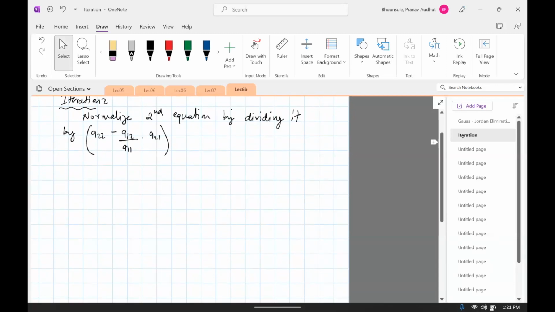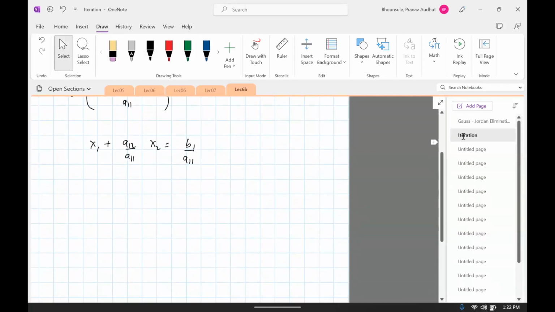Yeah, so the first equation remains as is. And now the new equation down would be x2. There'll be a 1 there because you normalized it.